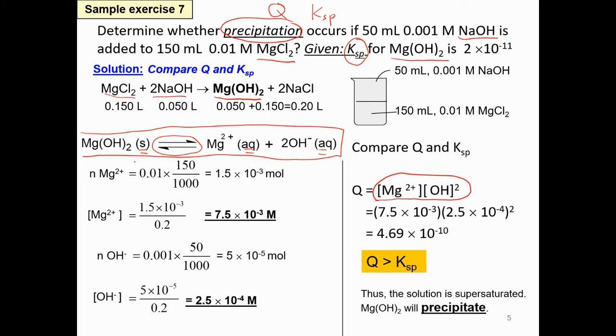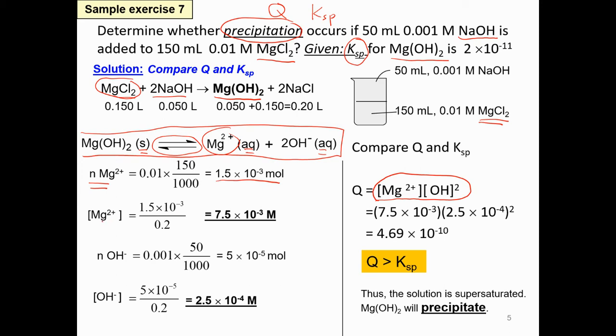First of all, we look for the moles of magnesium from magnesium chloride before it is mixed with sodium hydroxide. So we get 1.5.